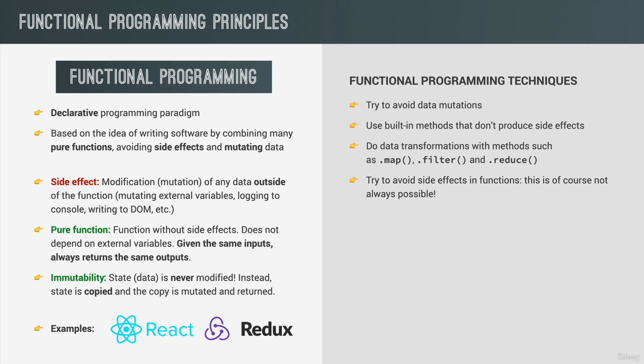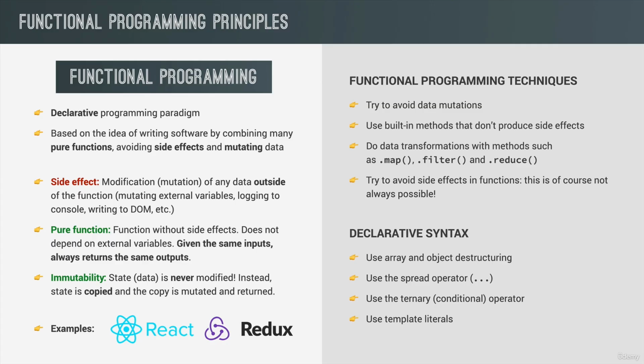Okay, but you can still try to think about this and start incorporating it more into your own code. Now to finish, let's come back to declarative syntax, because functional programming is only a part of using and writing declarative code. In order to write code that is more declarative, you should use array and object destructuring whenever that's possible. You should also use the spread operator, the ternary operator, and also template literals whenever that is possible.